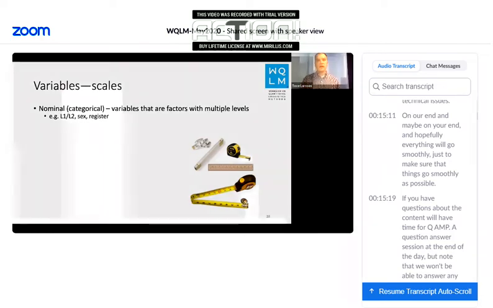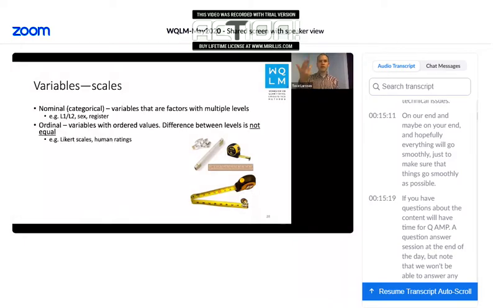So if we think about different registers in a corpus study, we may have the register of conversation and the register of academic writing, but whether we look at conversation as the first level and academic writing as the second, or the other way around, it doesn't make any difference. They're just separate levels of the same variable.